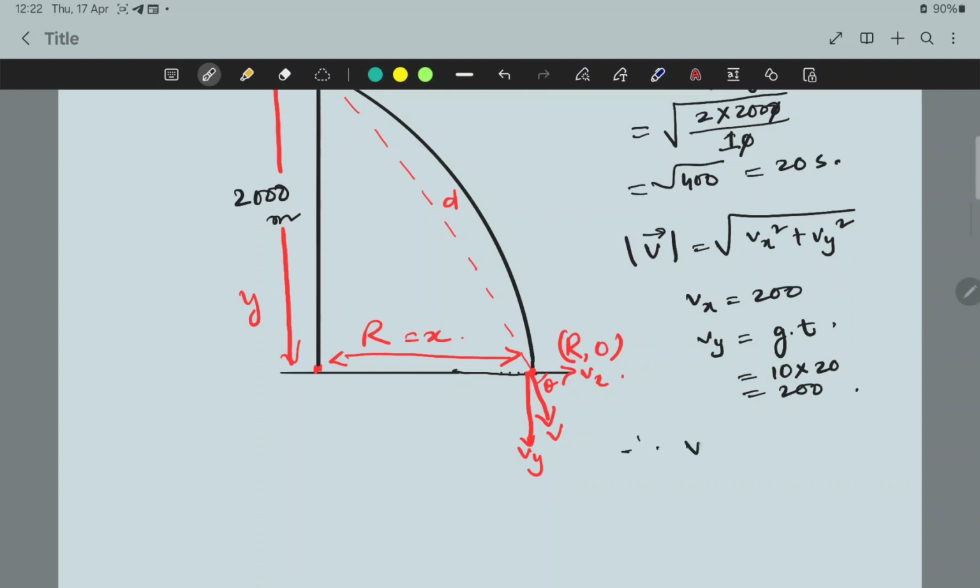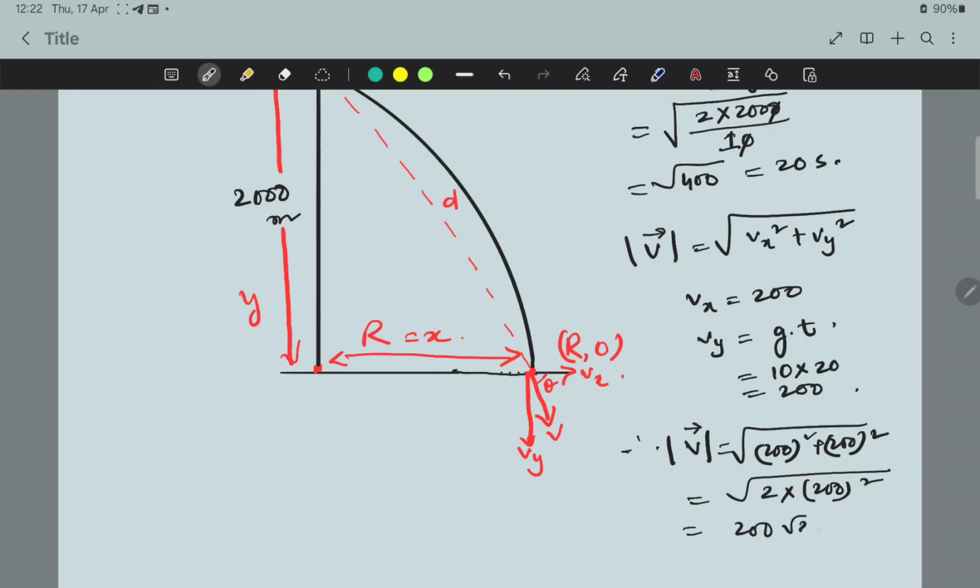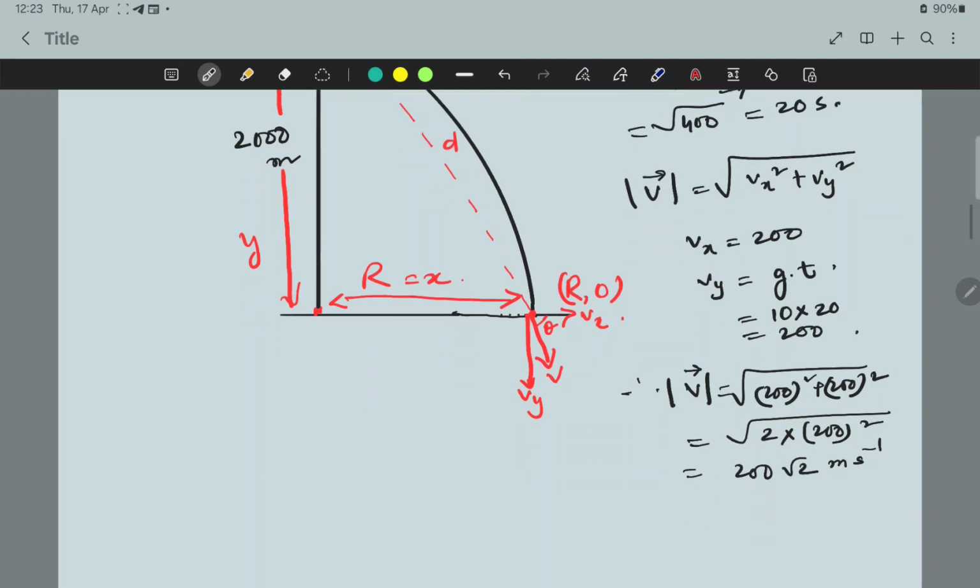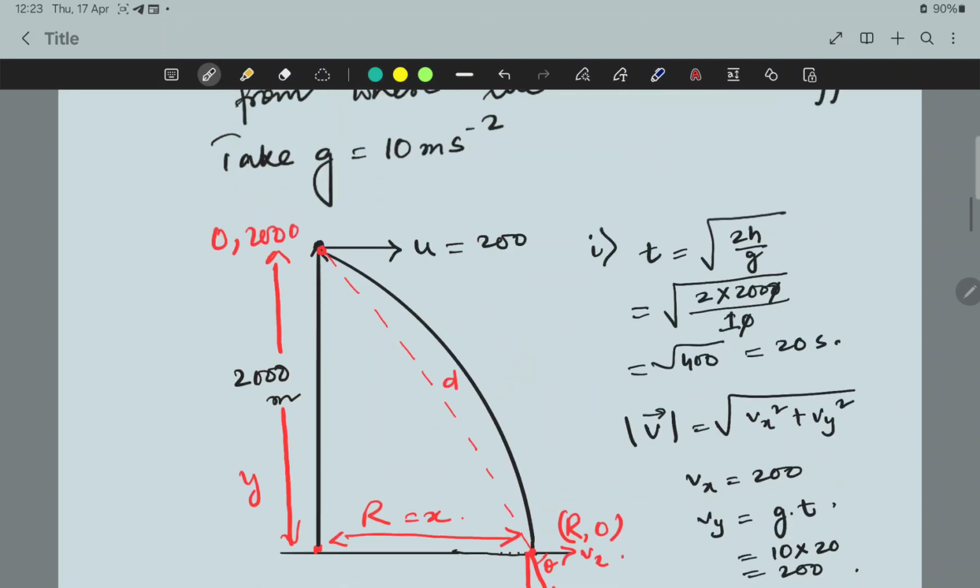Therefore, the velocity with which the bomb strikes the ground will be root over 200 square plus 200 square. So it will be root over of 2 multiplied by 200 square. So that will give 200 root 2 meter per second. Now this is the second part of the question.